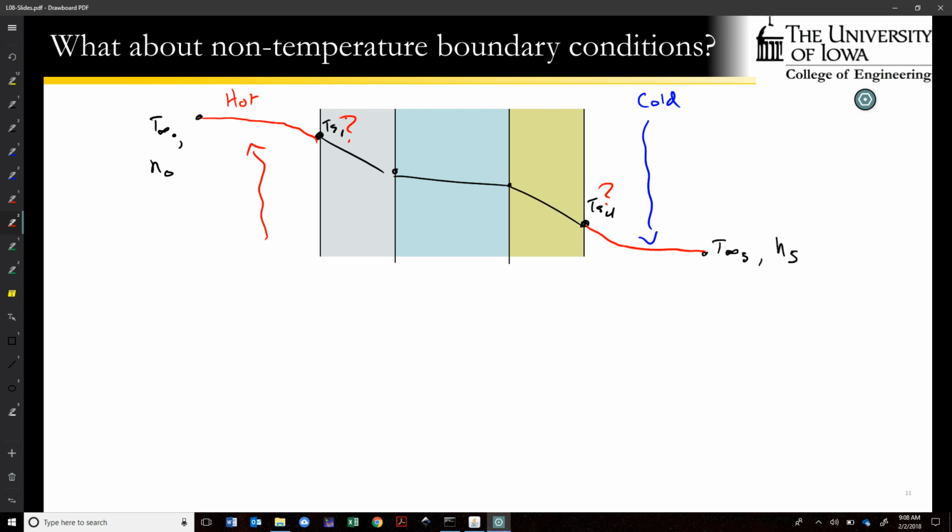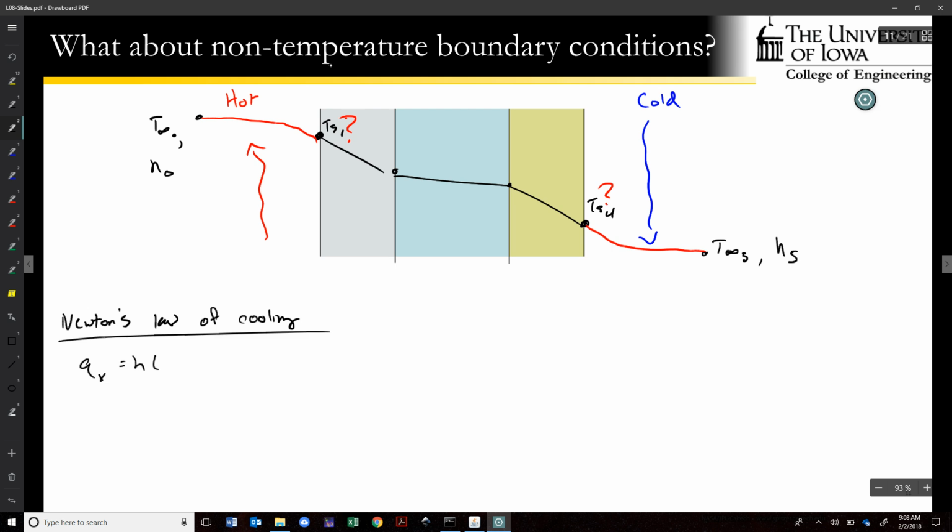It turns out Newton's law of cooling is tailor-made for a resistance representation, because Newton's law of cooling states, in this case, that Qx is equal to H times T infinity naught minus TS1 times A. That would be the amount of heat flow in through the left-hand boundary.